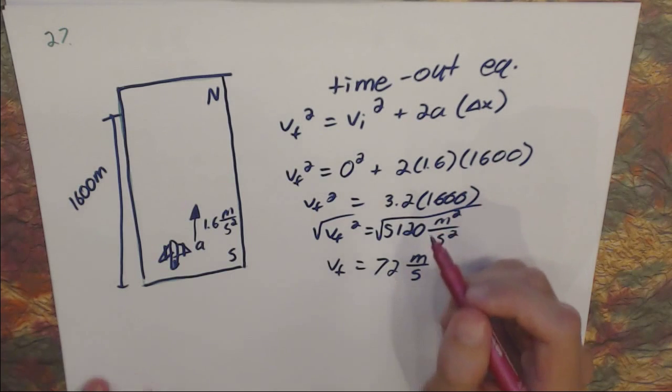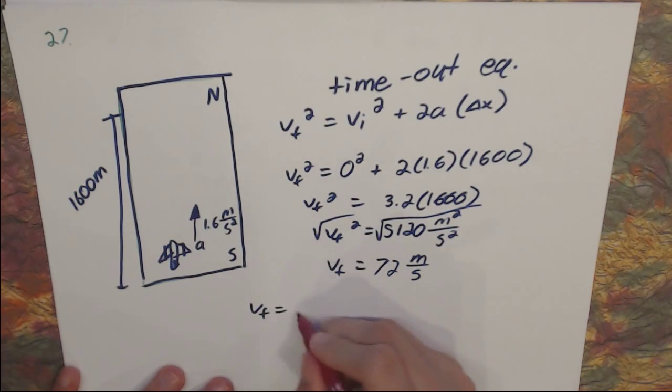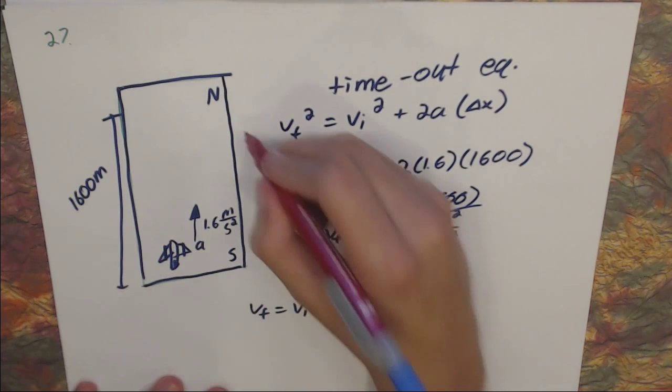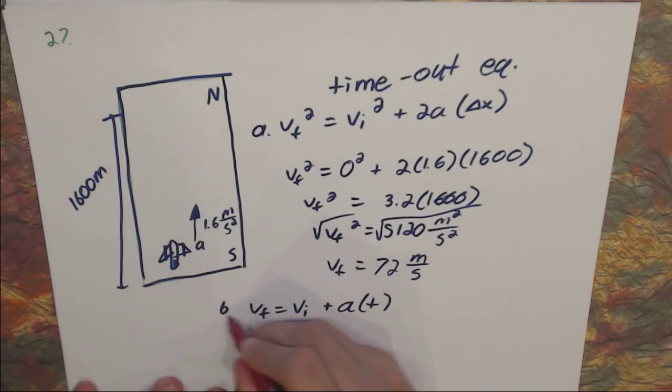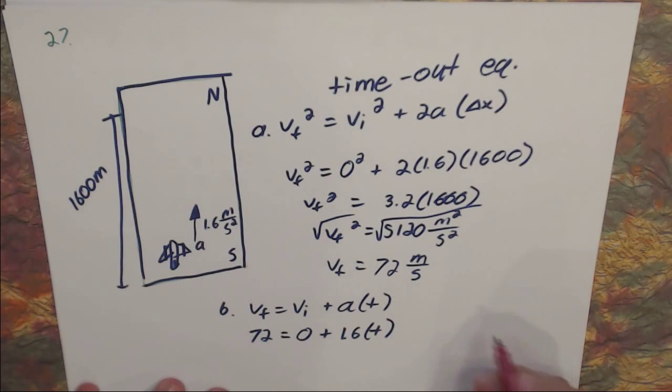So what is the time required for takeoff? So we're going to use v final equals v initial plus acceleration times time. This is the one we've been using in our other problems. And this is A, this is B. So v final is 72 equals v initial plus 1.6 times time.